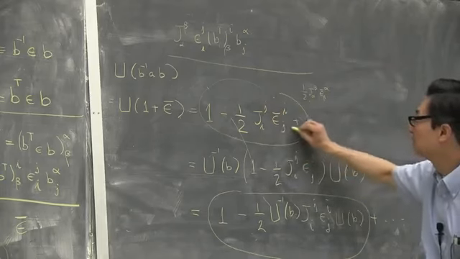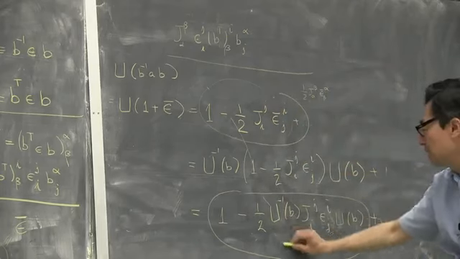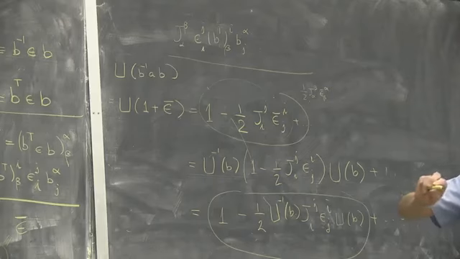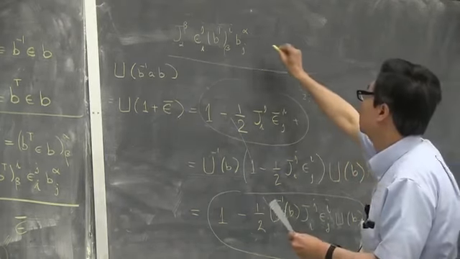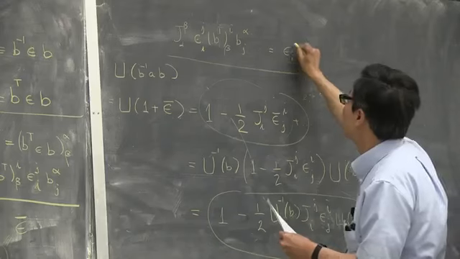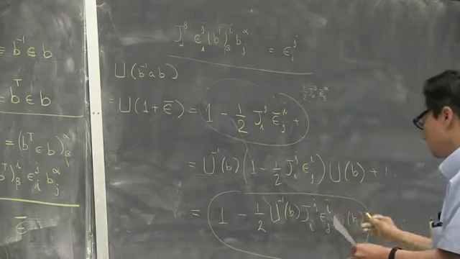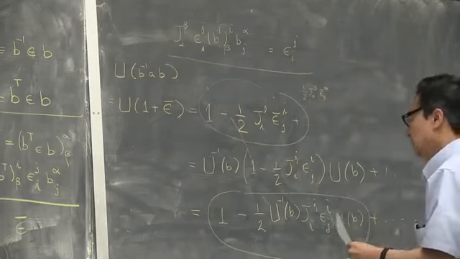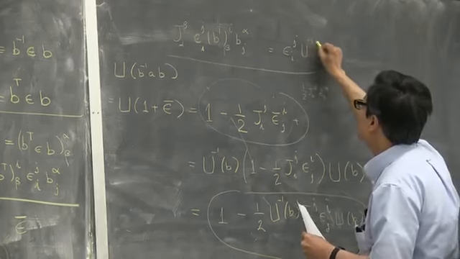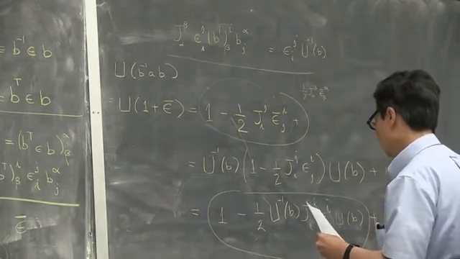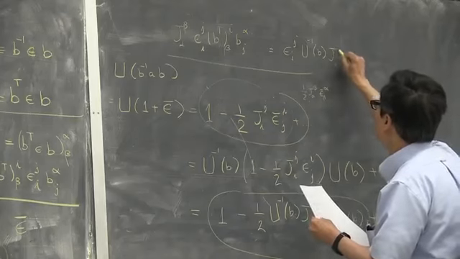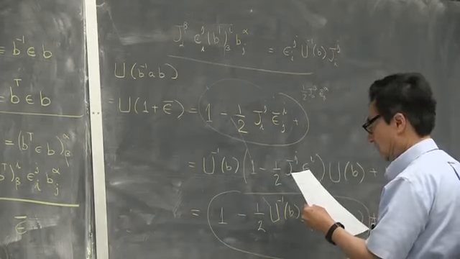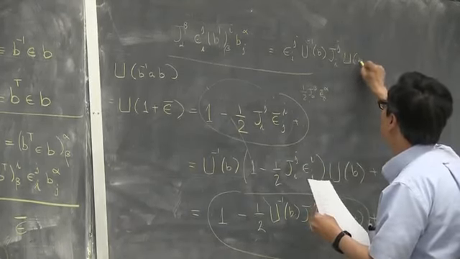This quantity in here must be equal to this quantity. Right? Take out a minus 1/2. So on the right-hand side, it is equal to epsilon ij. This is just a number. I can move it anywhere I want. And then u inverse of b, and then j ij, and then u of b.